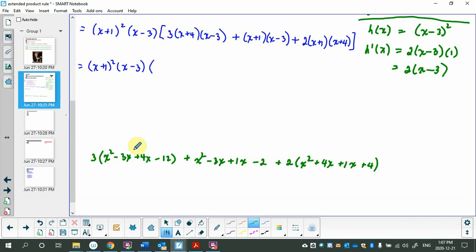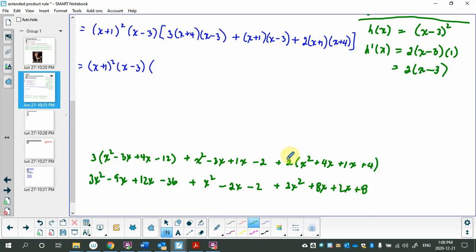Now I'm going to multiply this through. So 3x squared minus 9x plus 12x minus 36. Same stuff. I'm going to collect a little like terms there. Plus 2x squared plus 4x plus 2x plus 8. So multiplying that out, just a little collection in there. So now I'm going to collect like terms.